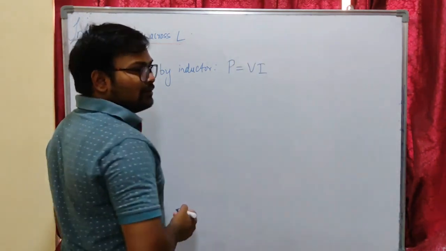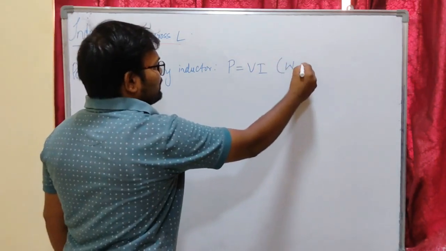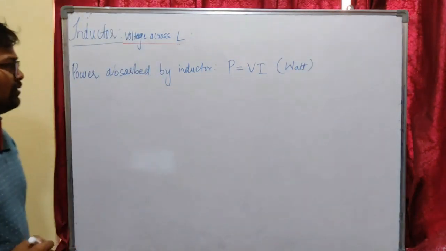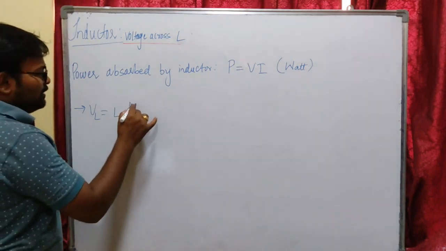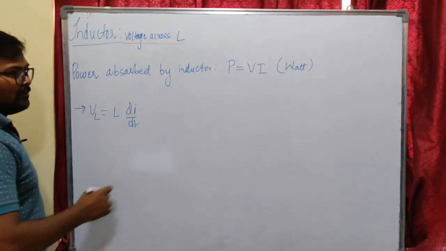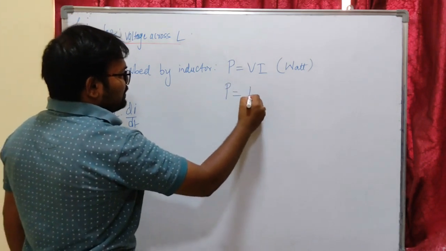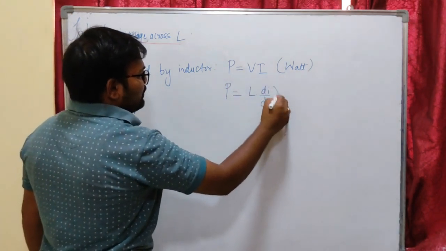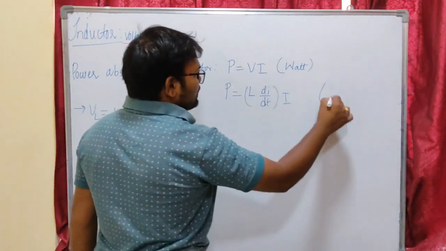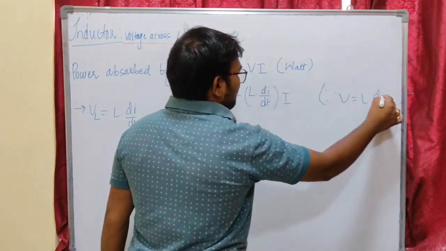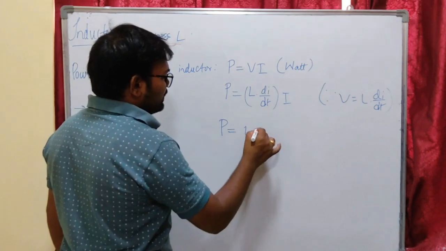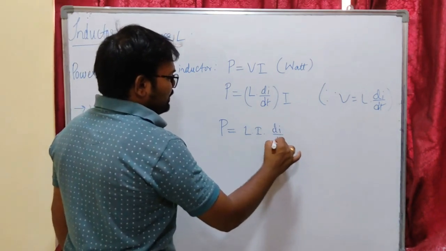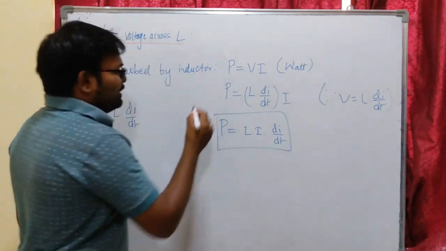The unit of power is watts. The voltage expression across the inductor is VL equals L into di by dt. By substituting this expression for voltage, multiplied by I, the power absorbed by the inductor is L times I into di by dt.